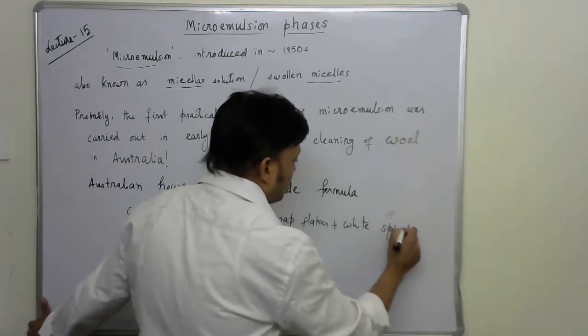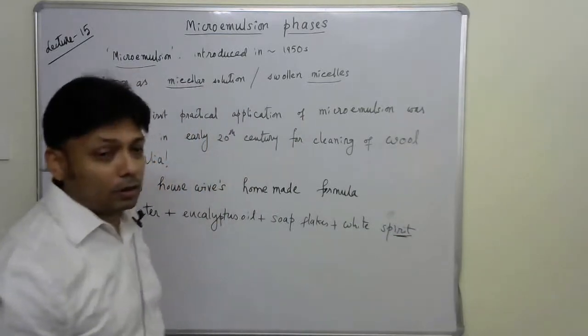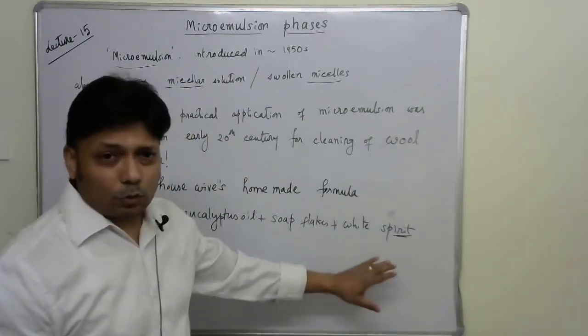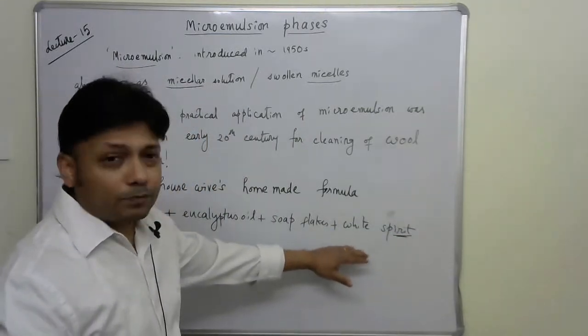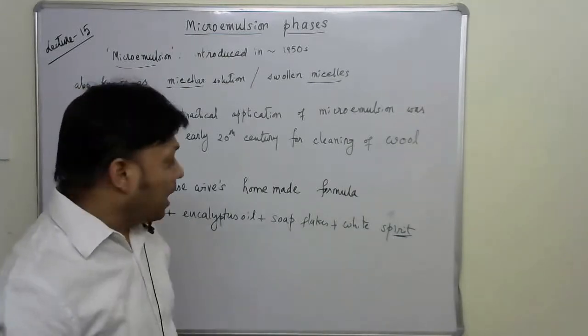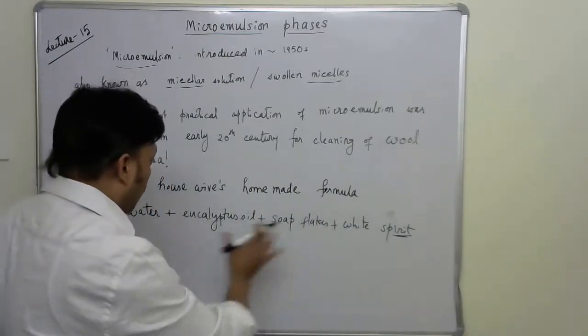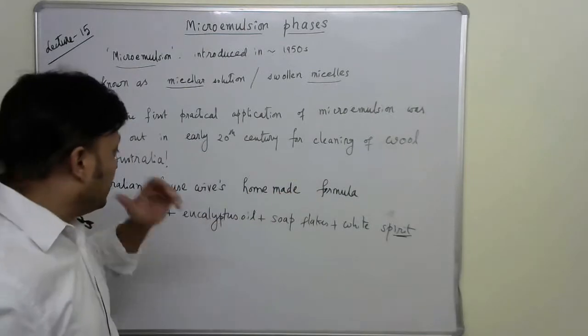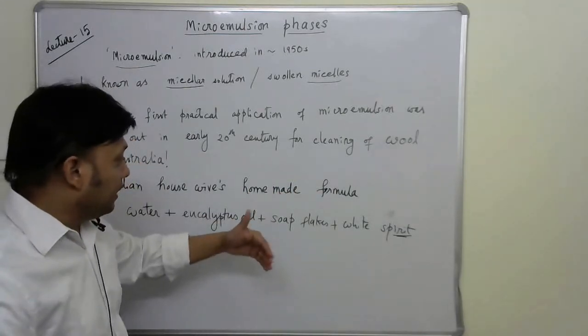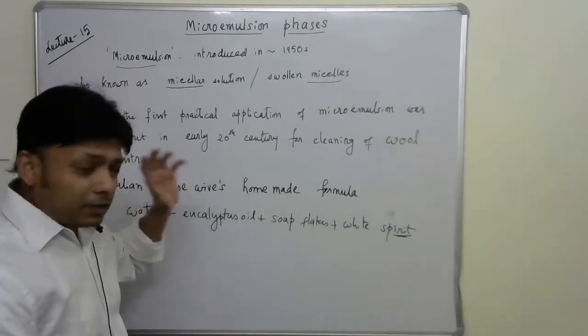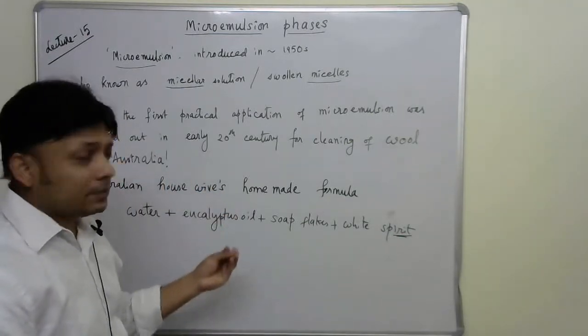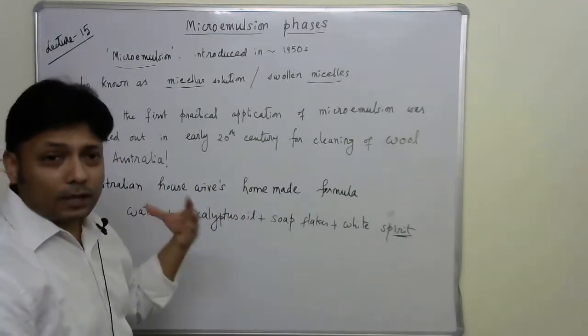Okay, so as you understand, spirit means alcohol. So white spirit, most likely they were using vodka, and using all four components, they used to make a translucent single phase mixture, almost like a solution.